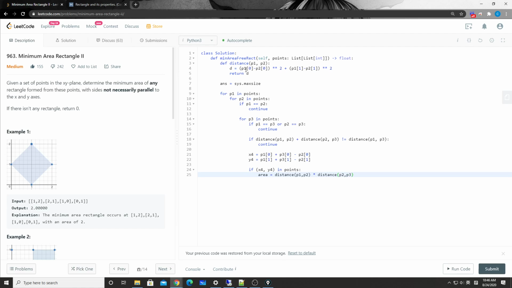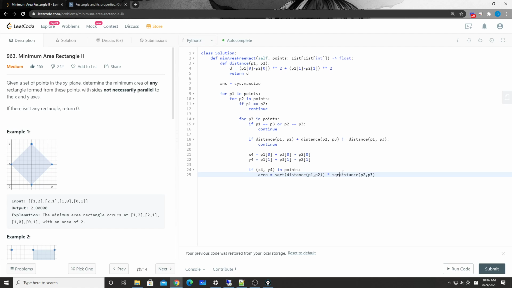But remember, we have a squared result, so we have to use this square root method to get the actual length.